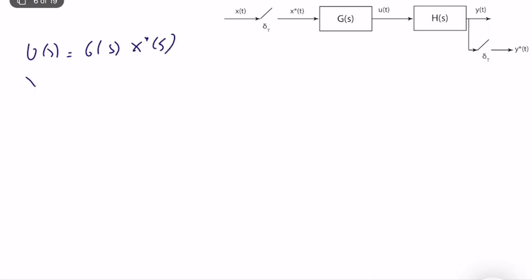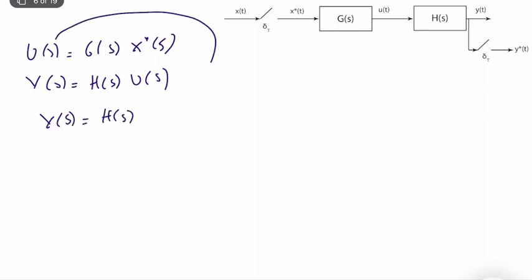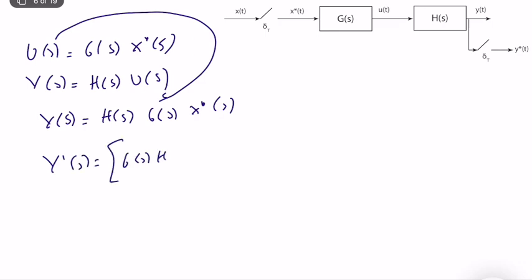Y of s is equal to H of s times U of s, so let's use U here: H of s, G of s, x star of s. I want y star of s equal to G of s, H of s, x star of s. I have star here, no problem. So it means that I can star everything else.